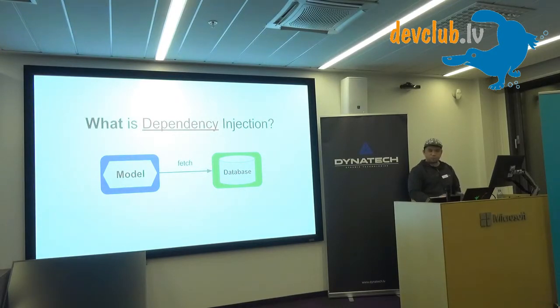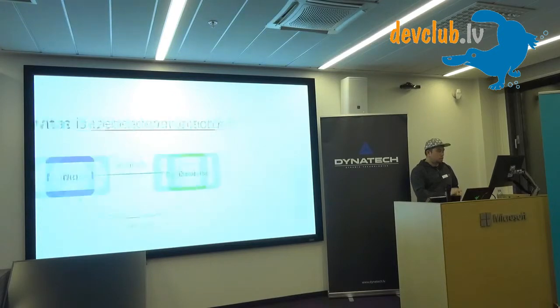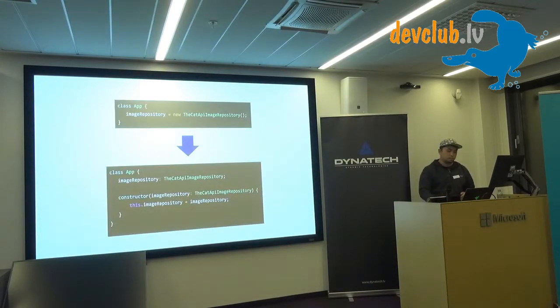So now that we understand what a dependency is, what is dependency injection? To put it in simple terms, dependency injection is a programming technique where you push the dependency from the outside rather than instantiating it from inside the class. For example, you have an application class here.